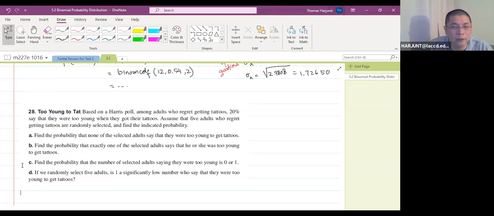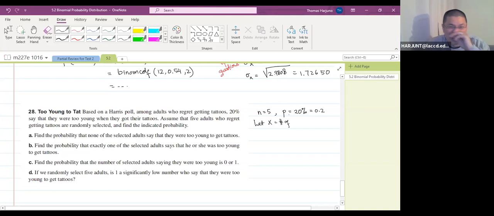Part A, so n equals 5. The probability they regret getting it when they were too young is 20%. Let X be the number of people getting tattoos too young.